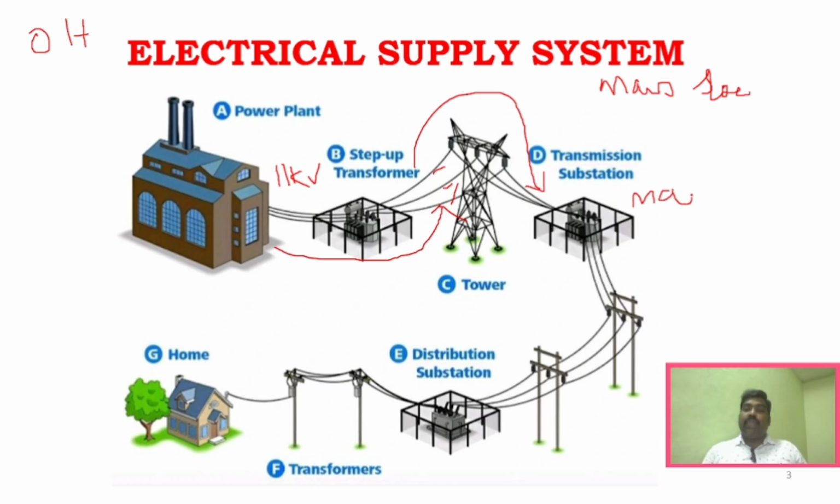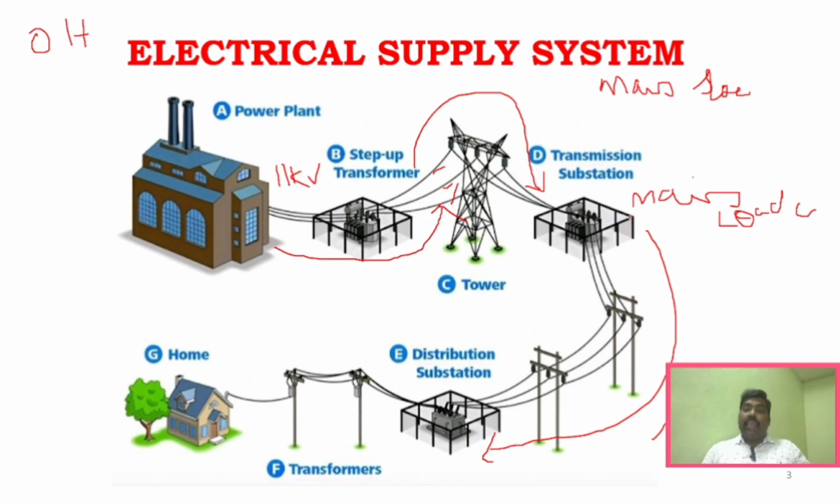Some areas which are very near to the cities, right? This will be a main load center, right? And from this main load center, it has to reach inside the cities, right? So from this main load center, it will be transmitted to another substation. This is subload center. We call it as subload center, right?